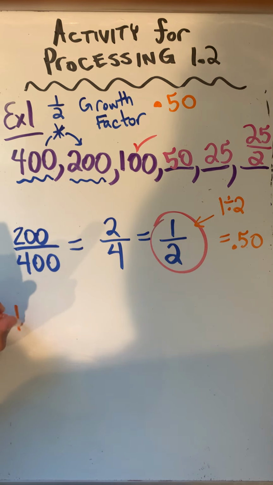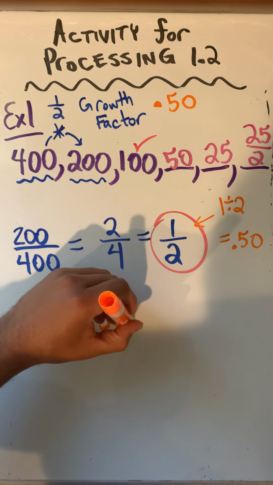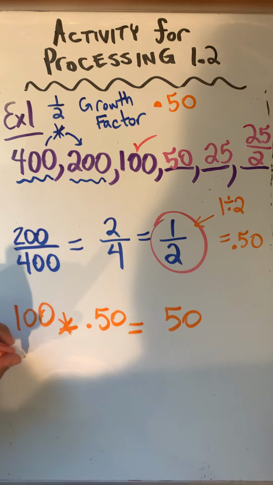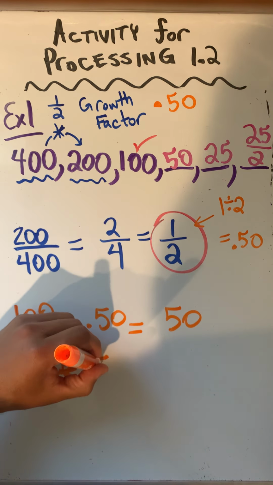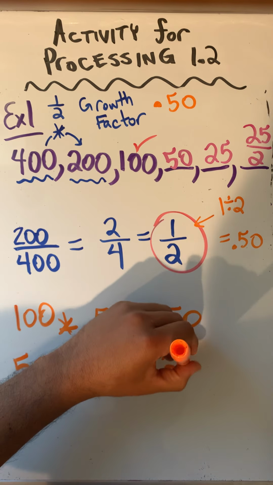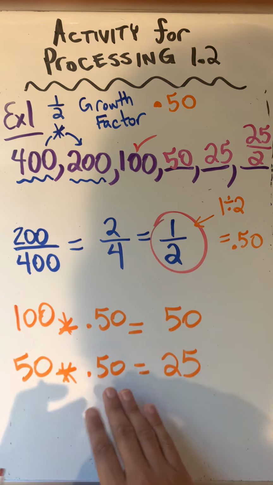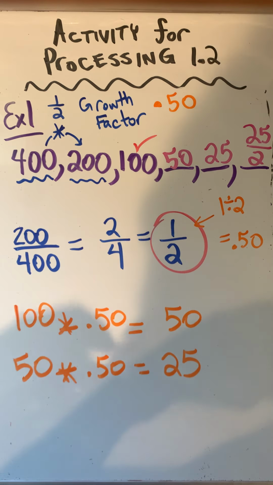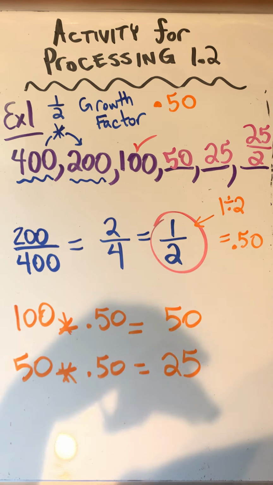So then I would multiply 100 times 0.50, and I promise you it will give you the 50 there. Multiply 50 times 0.50, and it will give you 25. So on and so forth. So that's how you would use a decimal growth factor if you're one of those people, and that's perfectly fine. Now, here's why I shy away from them. Let me hop into example 2 now.